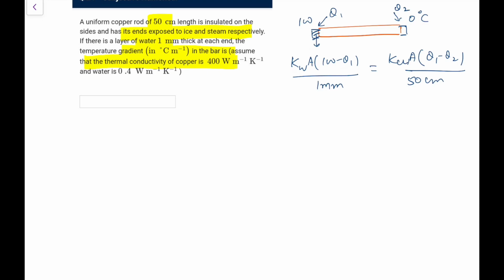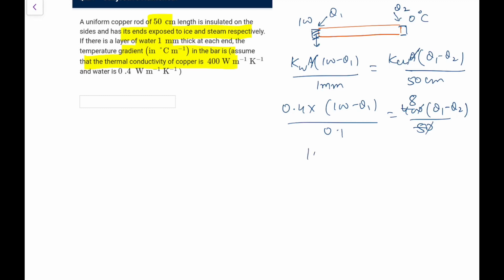Let's see. So K of water is 0.4, area gets cancelled. So 100 minus theta 1, I should write it as 0.1 centimeter, so no need for conversion. Then 50, copper is 400, theta 1 minus theta 2, that is what I am getting here. So this is 4 into 5, and let's cancel it, this is 8.